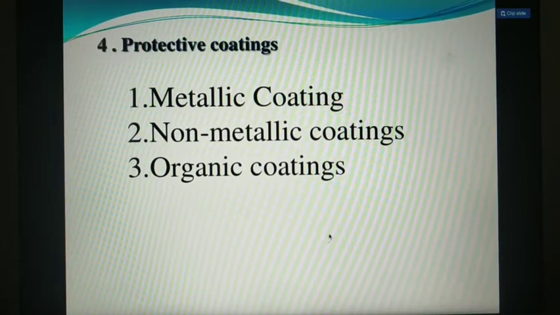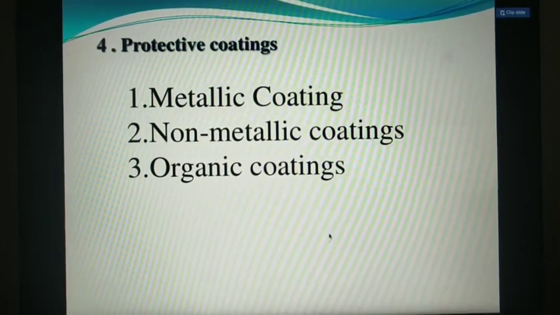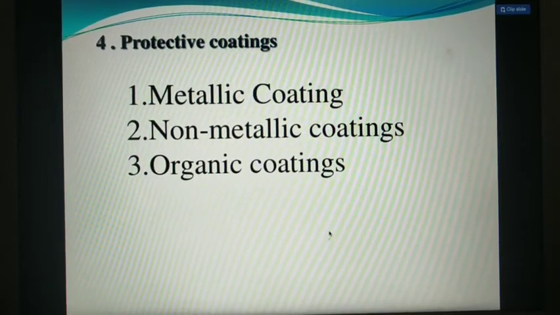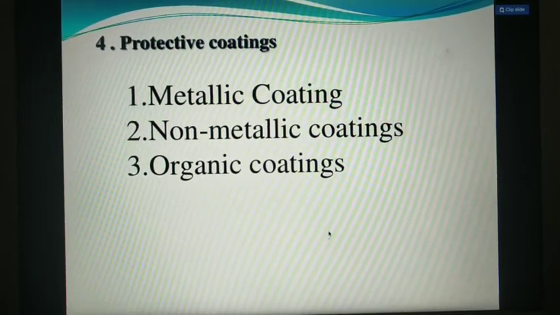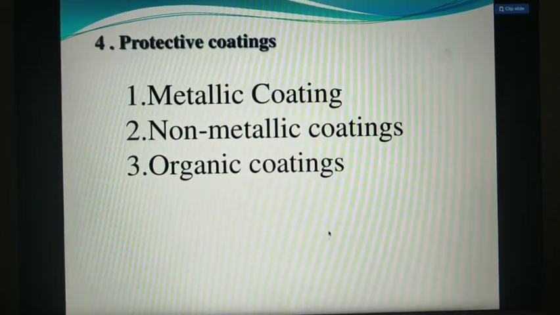Rusting of iron can be prevented by keeping the metal or any iron object such that it does not come in direct contact with moist air. As you know, if it comes in contact with moist air, then rusting forms.